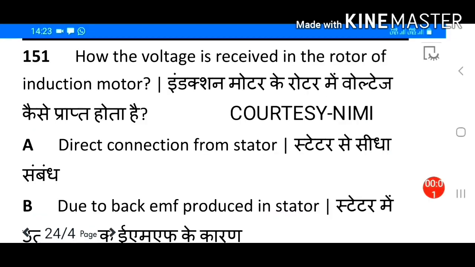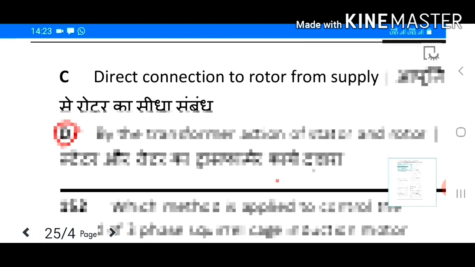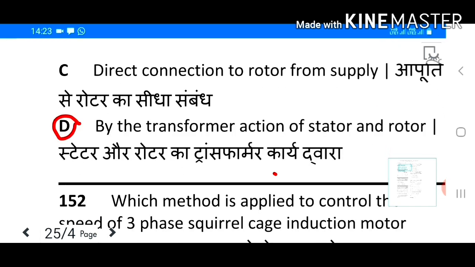Question number 151. How the voltage is received in the rotor of induction motor? Answer D. By the transformer action of stator and rotor.